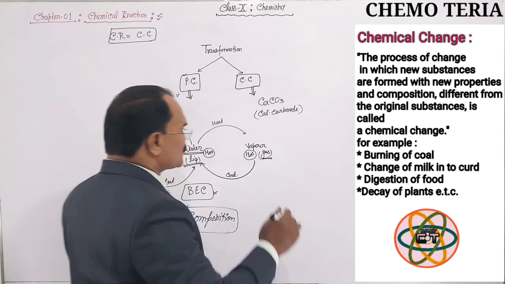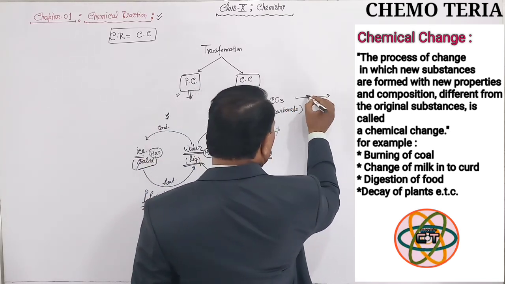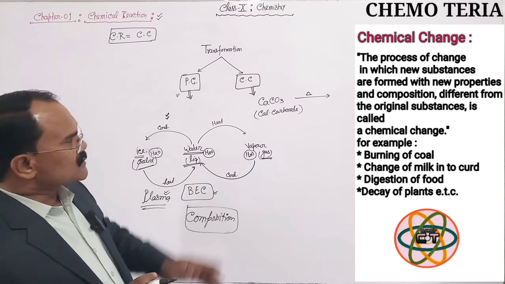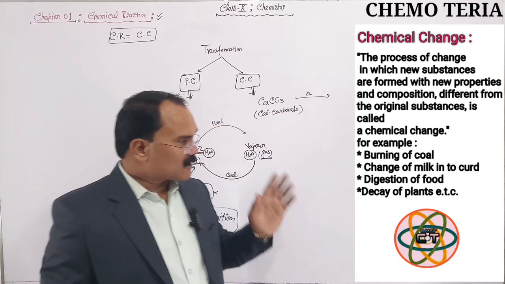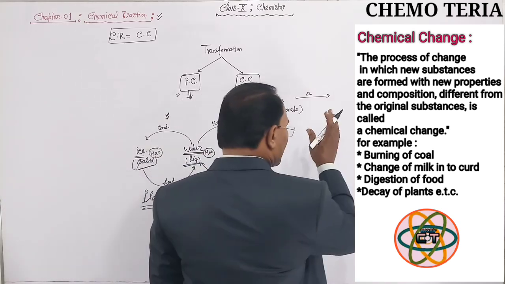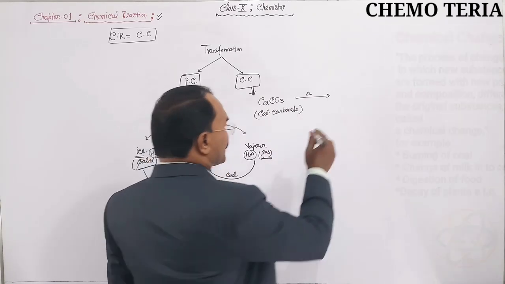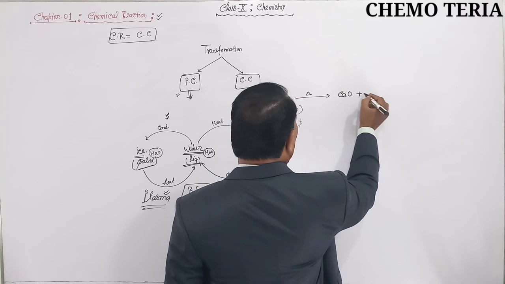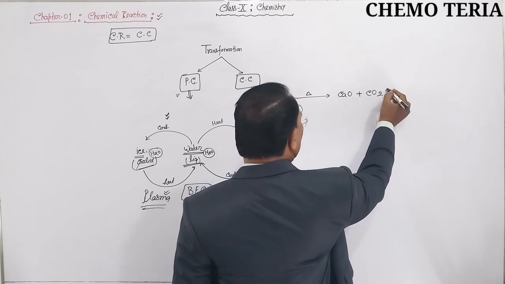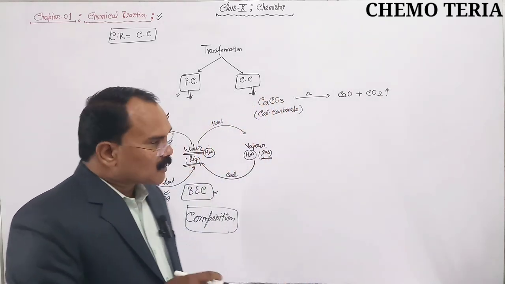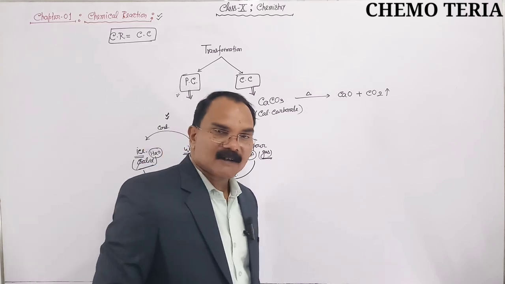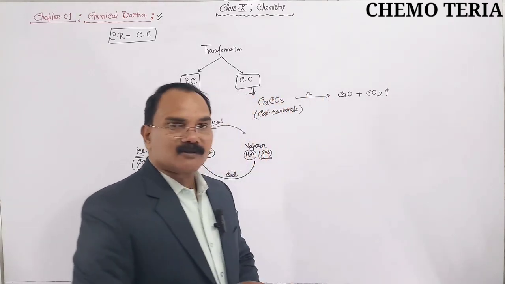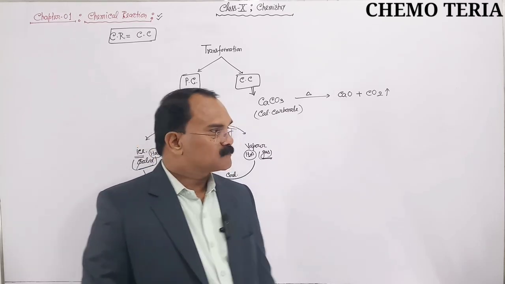When this calcium carbonate is heated, as the water was heated, it breaks or decomposes due to heat, and CaO and CO2, two compounds, are formed. CaO is calcium oxide, and this is CO2, carbon dioxide. It is evolved into the atmosphere.